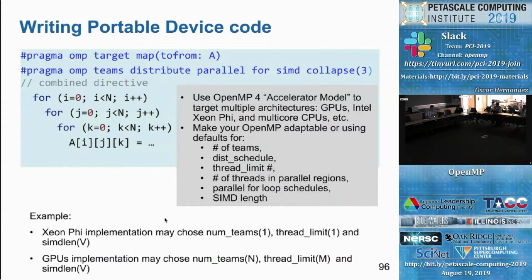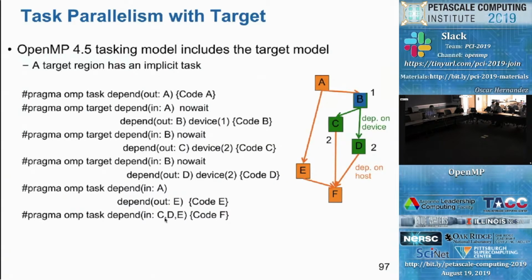But if not, you can tune those parameters in your OpenMP application, but then it starts to become more specific to an accelerator. You can combine target constructs with tasks, and this is an important concept to keep an eye on, because that will allow you to synchronize things between the host and the device.